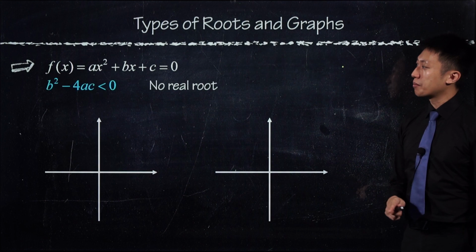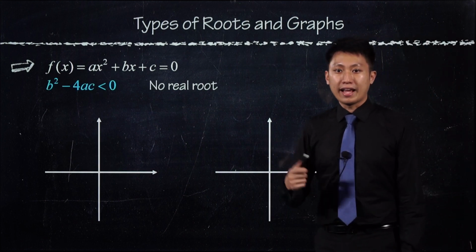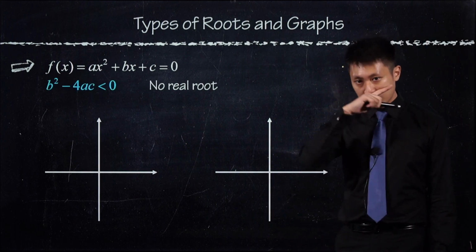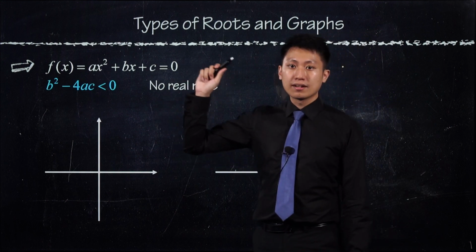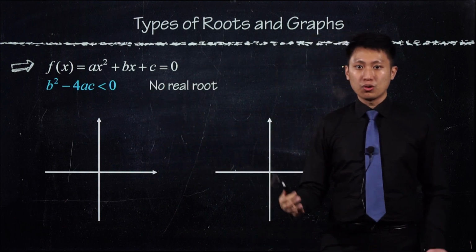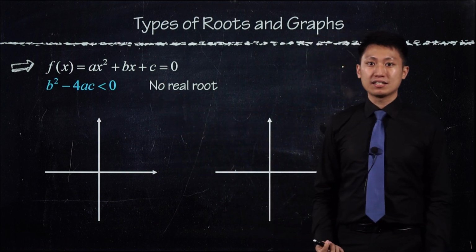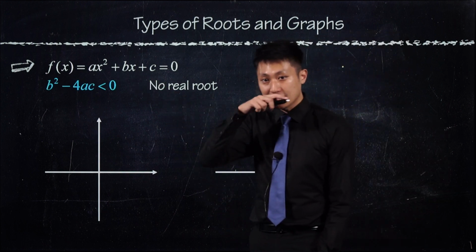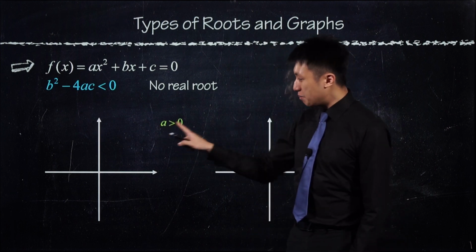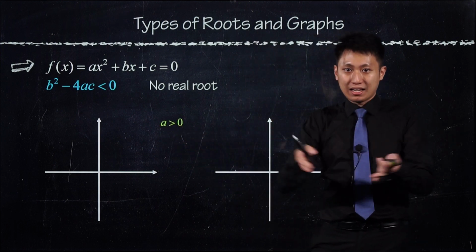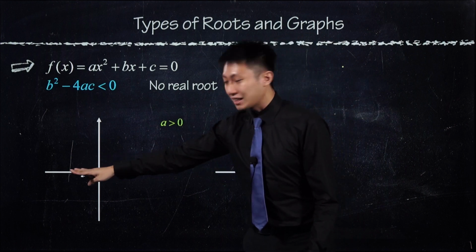Let's move on to talk about the last case, when it has no real root. No real root for the equation means no x-intercept for the function. No x-intercept means no intersection. So if you have a bigger than 0, it's smiling and not touching the x-axis.